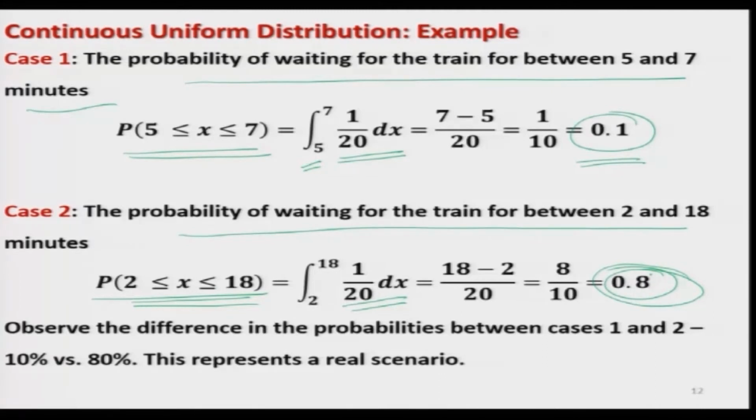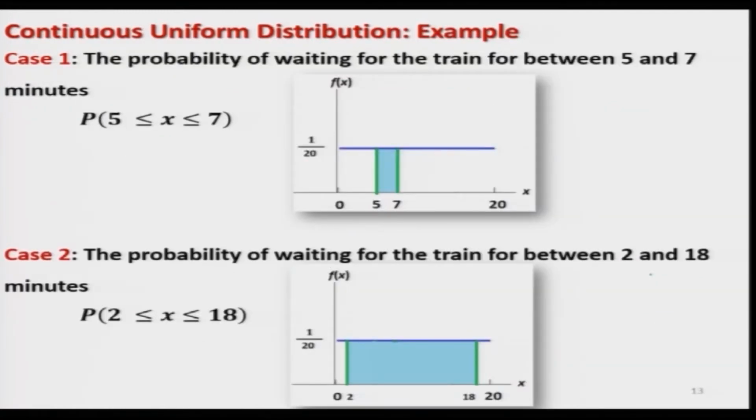So, you can see here that whatever probability density function you have formulated, whatever type of probabilities you are trying to compute, they are making sense. Okay. Now, if you try to plot these two probabilities on the uniform distribution, you can see here this is the point 0 and 20. This is your PDF, and now you are trying to find the probability of x between 5 and 7.